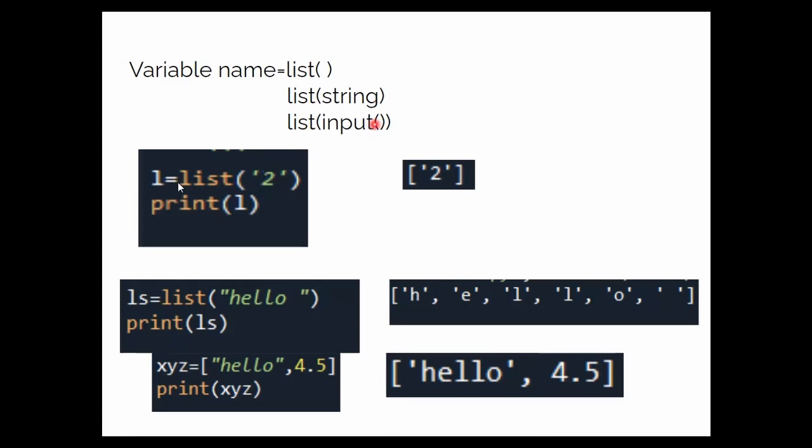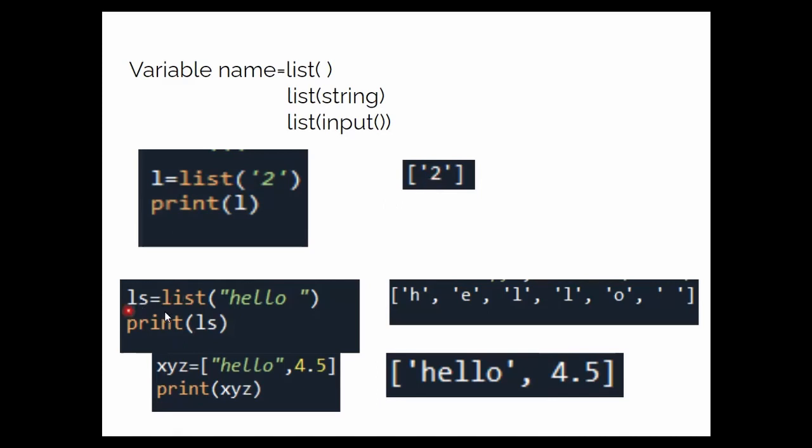First we will take a list having a value, where we pass a string. Here 2 will be treated as a string, it's not an integer. Now I want to print the value of the list, so print n. What I am going to get here is 2, which is a string.